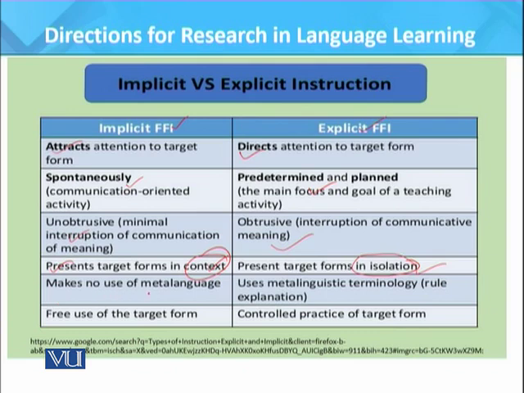The implicit makes no use of metalanguage, so there are no rule explanations, but in the explicit, since the complete focus is on providing the linguistic rules, metalinguistic terminology is used. The implicit involves free use of the target form, and the explicit has controlled practice.